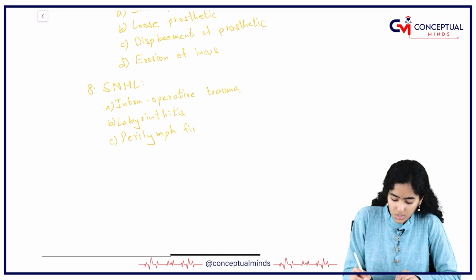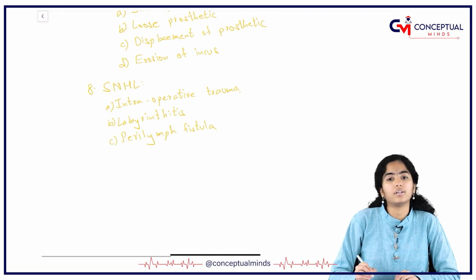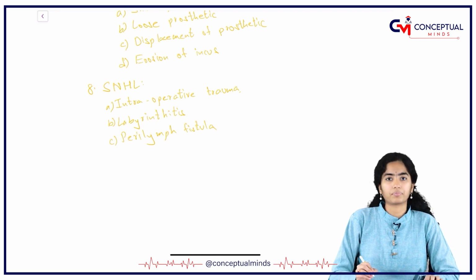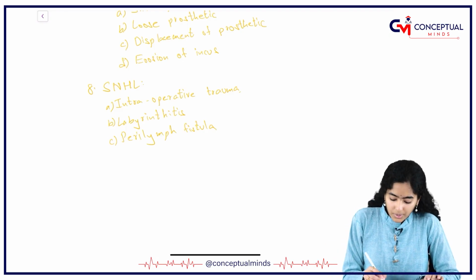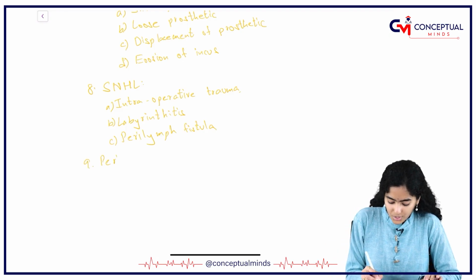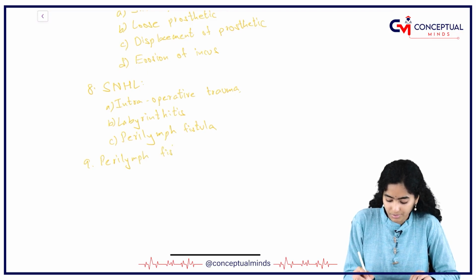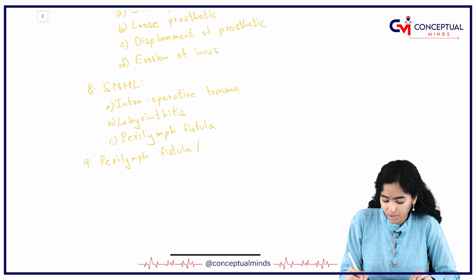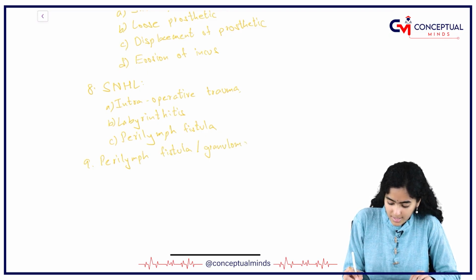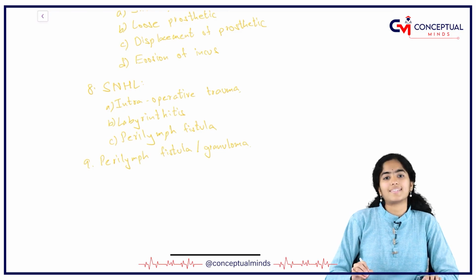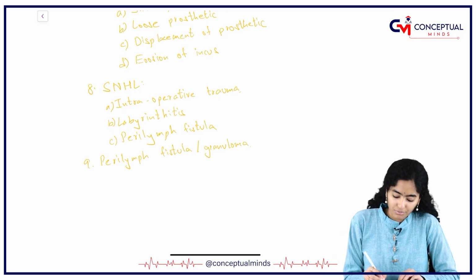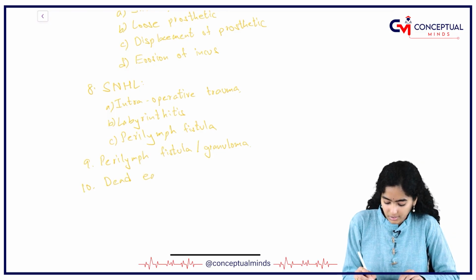Because of all these reasons, sensory neural hearing loss can also occur. Now you can understand that perilymph fistula or perilymph granuloma is a complication in itself. It can be a reason for conductive hearing loss and sensory neural hearing loss, and it is a complication in itself. Okay, and finally the last complication is a dead ear.